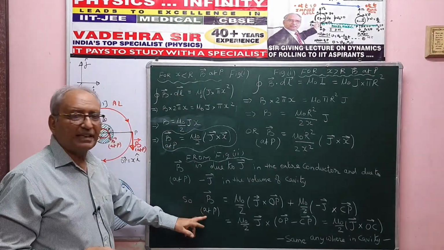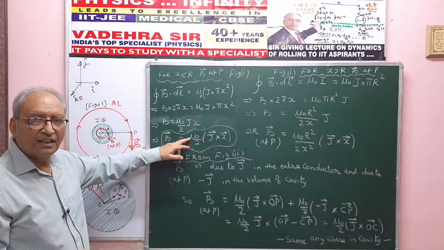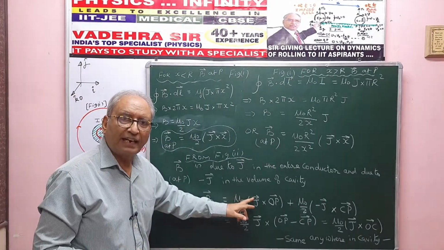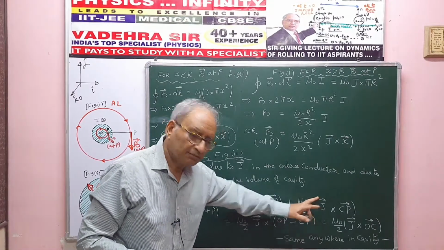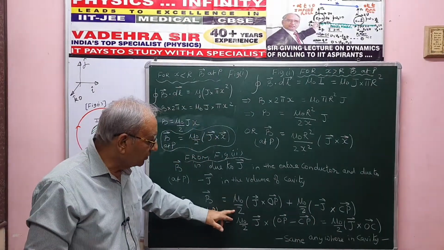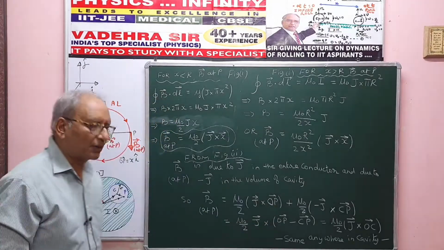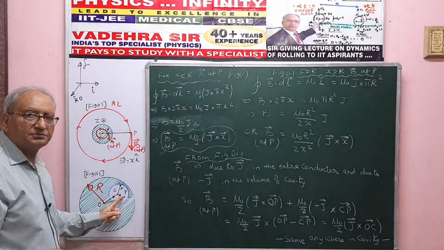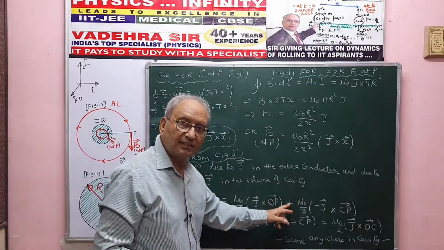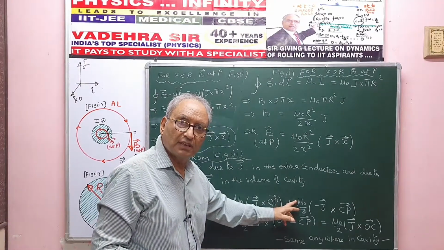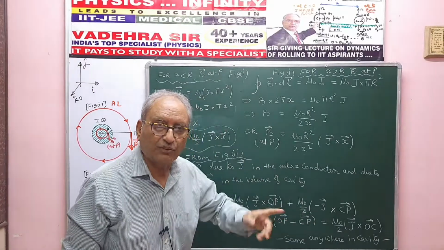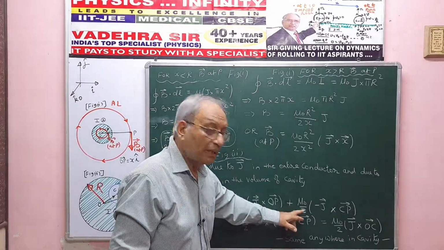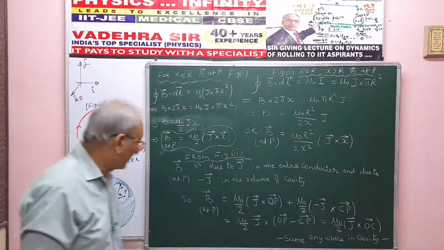So B vector at P, I lift up this formula, the contribution from the entire wire minus the contribution from the hollow wire. So that is mu naught by 2 J vector cross OP vector plus the contribution from the pipe which has a negative current density, I'm sorry. So mu naught by 2 minus J vector cross CP vector.